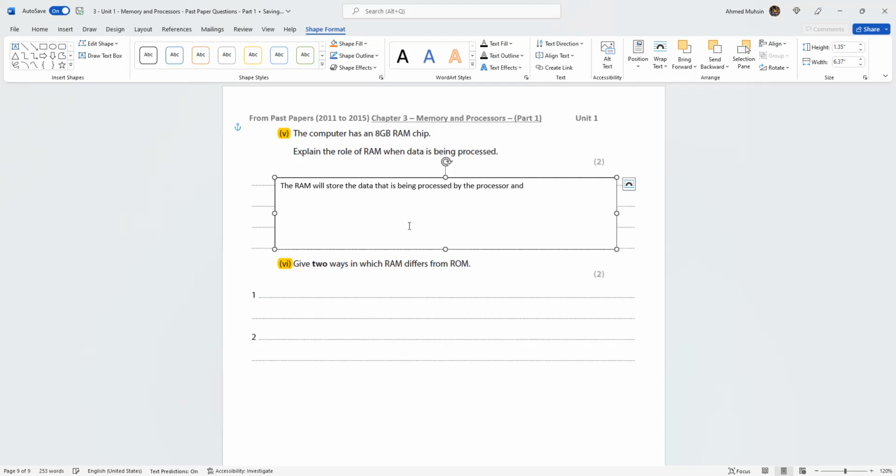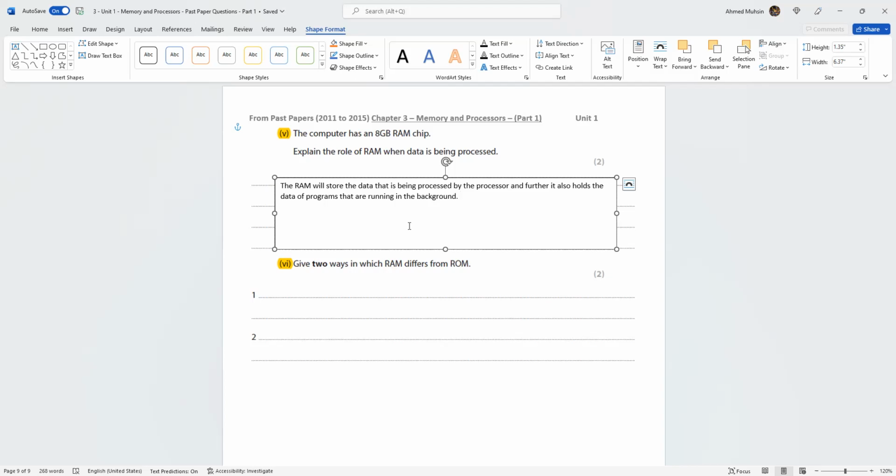And further, it also holds the data of programs that are running in the background. Right now I'm working on Word, but the files of Microsoft Word are being held in my RAM. My RAM is only holding it and my processor is processing it.